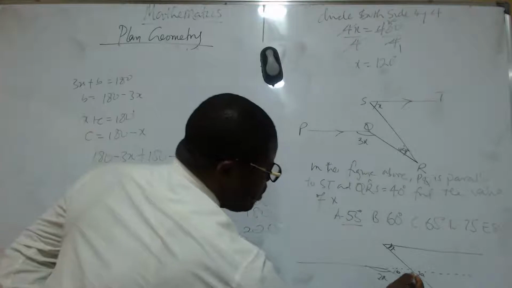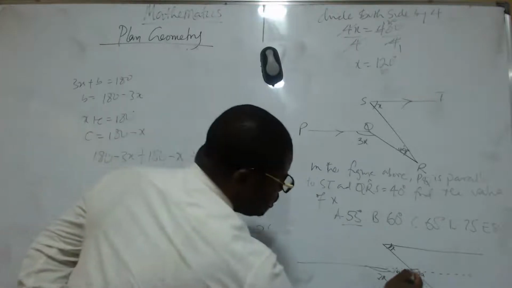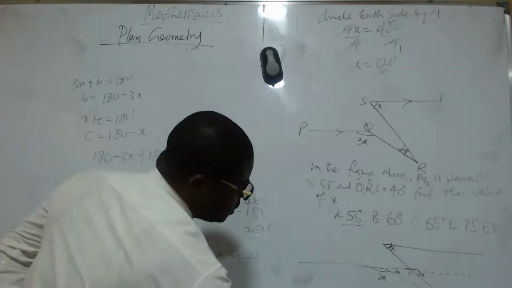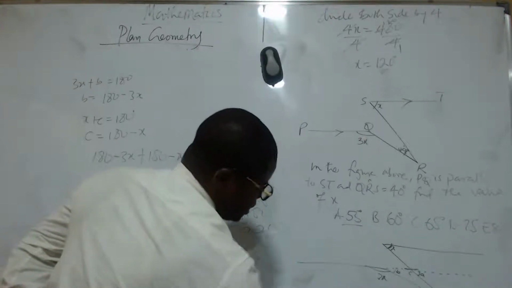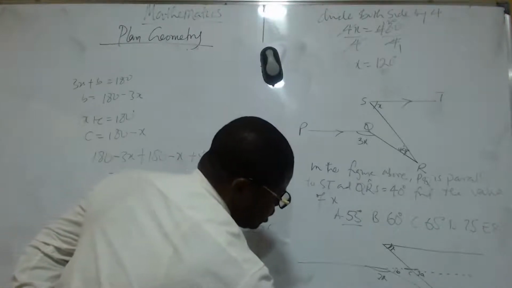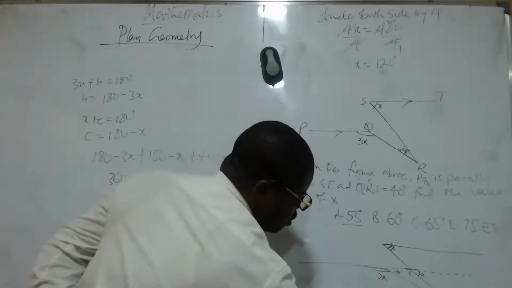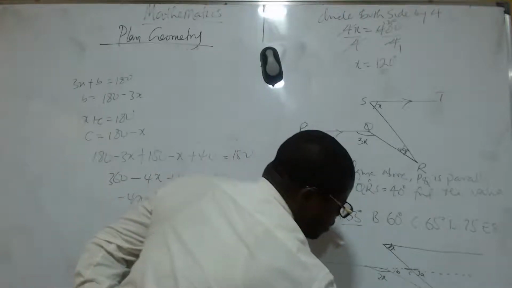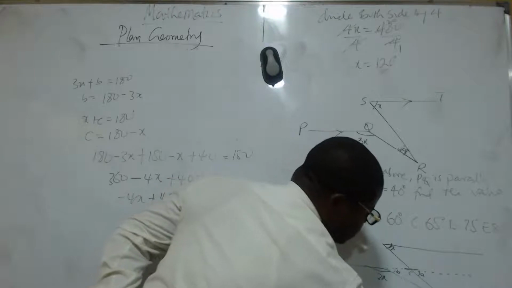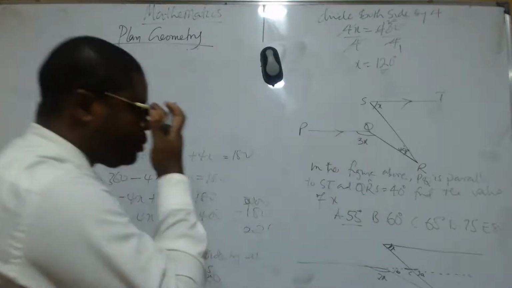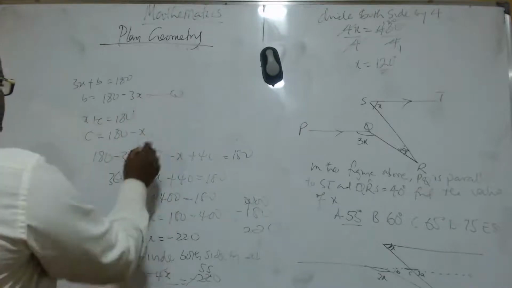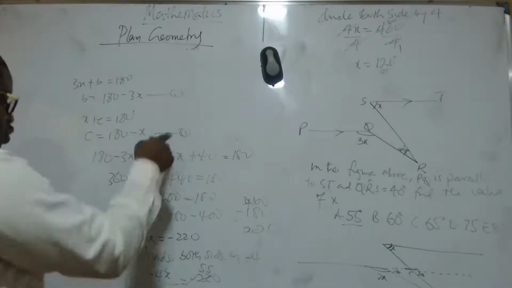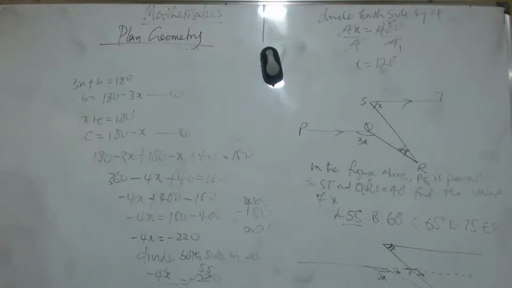Then here now, I name here C. So you also have straight line again. So you have C plus x equals 180. Angle on a straight line. So that's why I got this value here, and that's why I got this value here, to substitute to solve to get the value for x. Right? Okay?